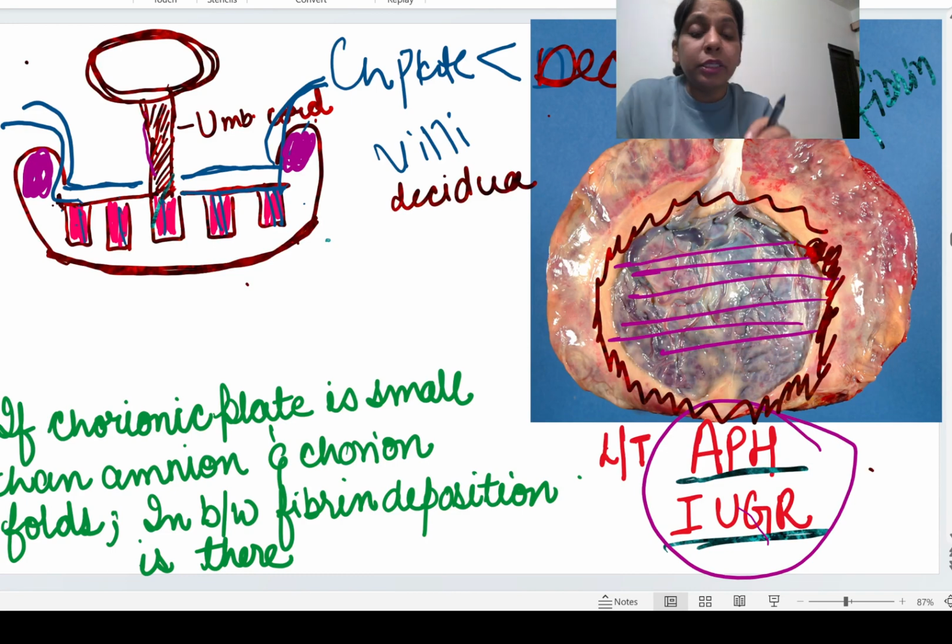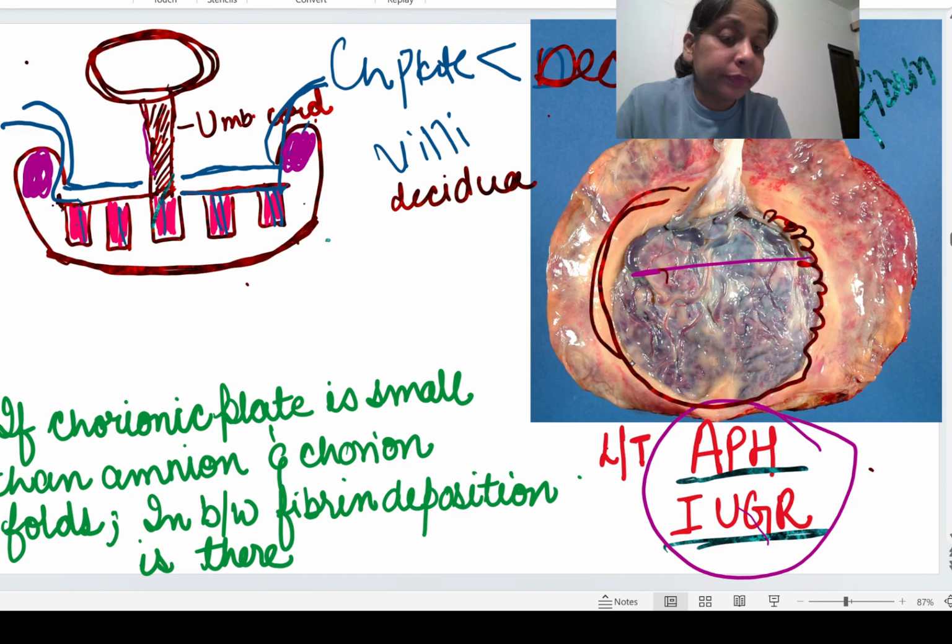It is formed when the chorionic plate is small. This is the one question. And second, what does it lead to? It leads to IUGR and APH. How will you identify this placenta? In this way, there will be some circular ring-like things you will see here, right?